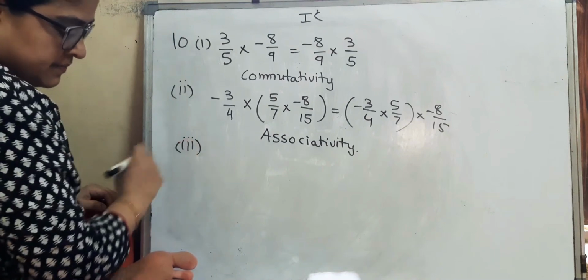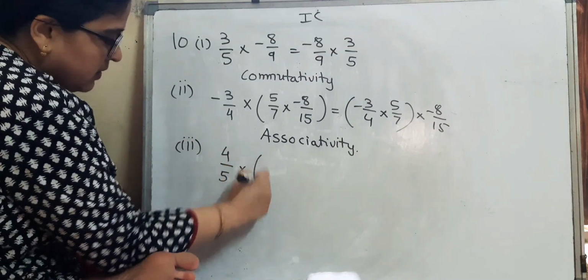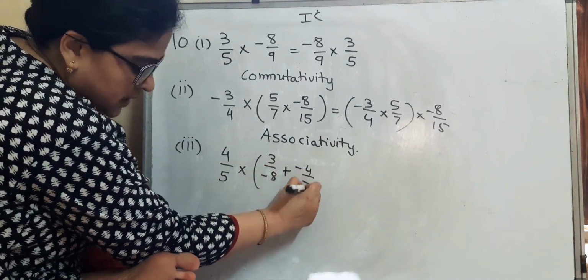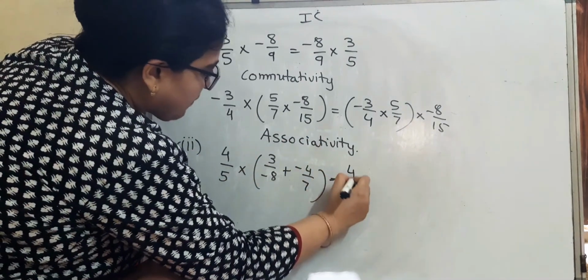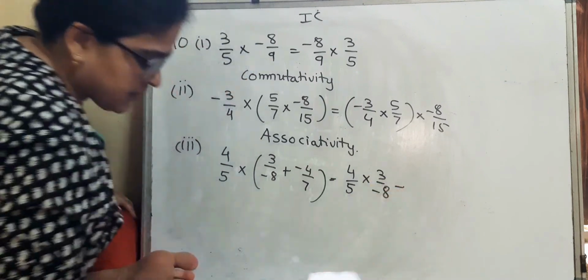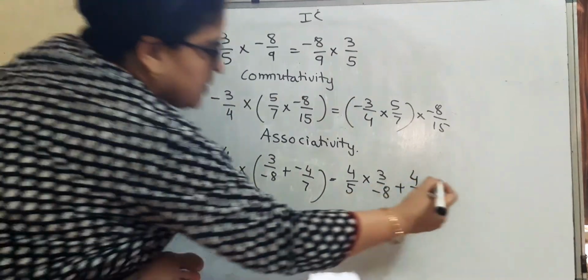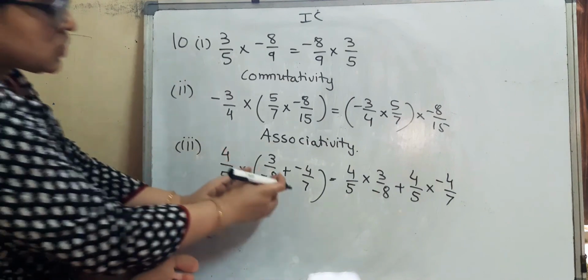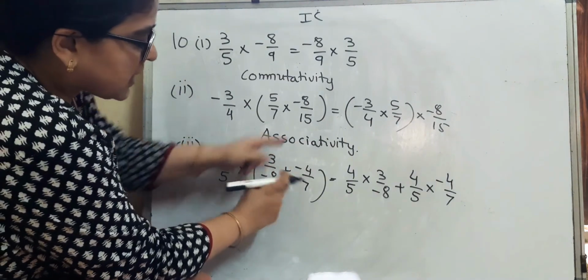Now the third one. 4/5 multiplied by (3/-8 plus -4/7), which equals 4/5 into 3/-8 plus 4/5 into -4/7. Here one number is multiplied with these two numbers, distributed over them.